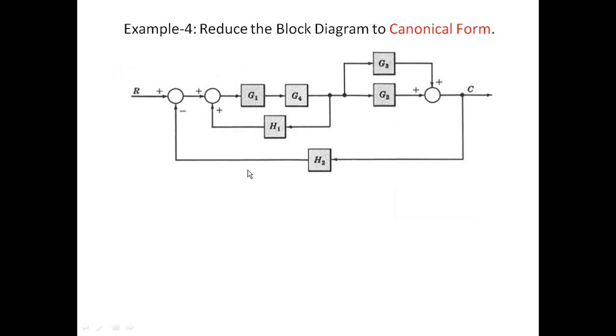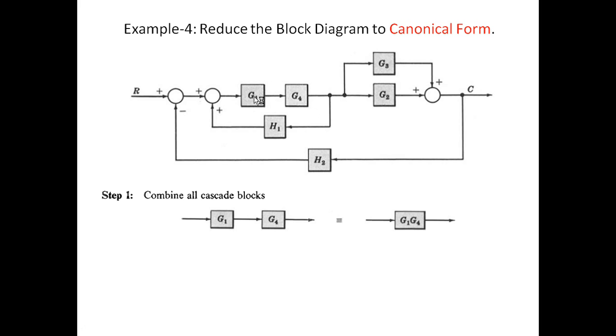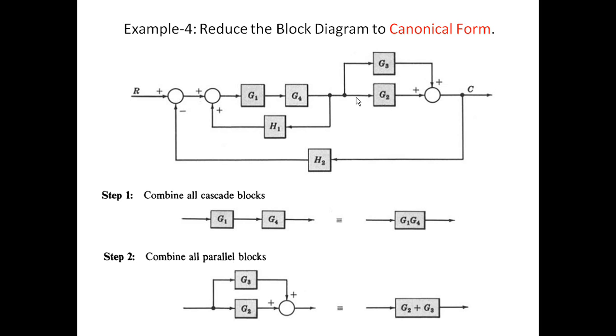The next example is a complicated block diagram representation, and we need to reduce this block diagram to canonical form. So step 1 is to find whether there is any cascade connection. Of course here G1 and G4 are in cascade. Then step 2 is to find whether there are any parallel connections. Of course G2 and G3 are in parallel, so G2 plus G3.